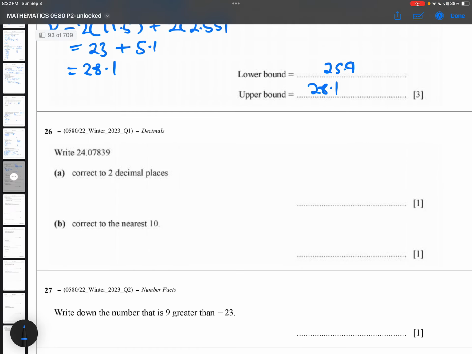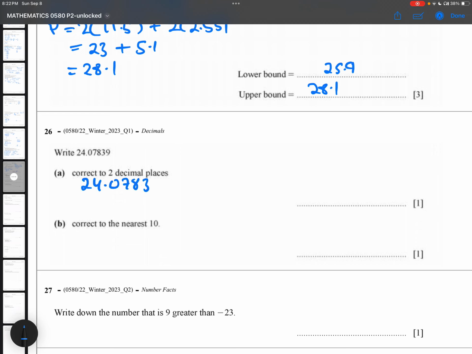So now in question number 26, it says write 24.07839 correct to two decimal places. If I want to write this number correct to two decimal places, first I'm going to write the whole number, 24.07839.